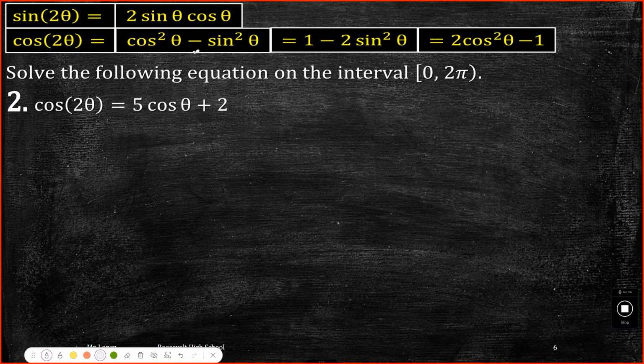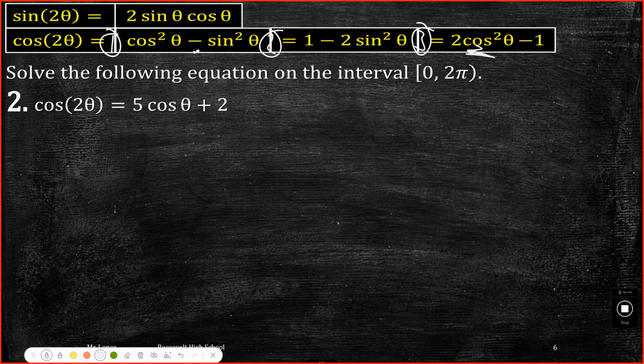Which one do you guys want to use? Definitely don't say 1. Do you want to change it up and do 2? Yes or no? Let's use cosine 2 theta, just to change it up a little bit. Maybe not. Why not?